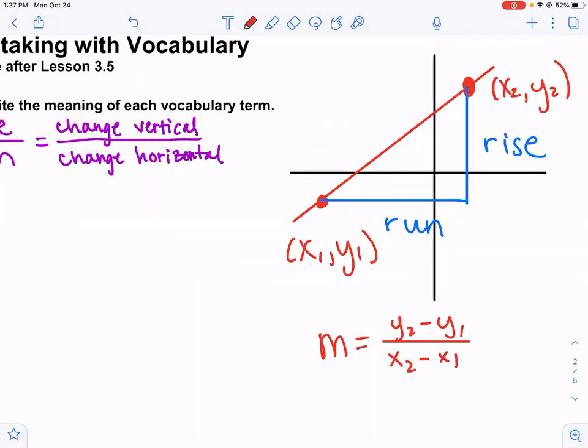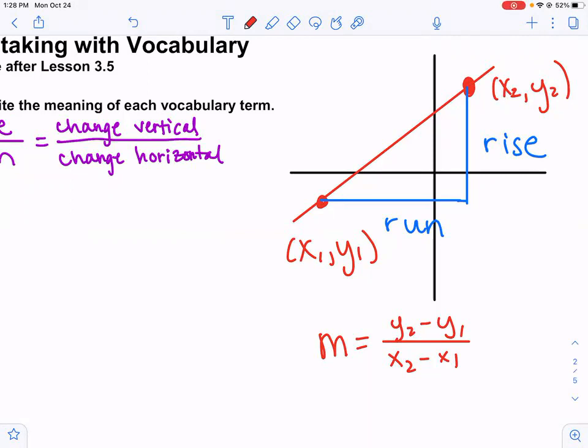Okay. I have two different coordinates right here. I just named this coordinate 1 and I named this coordinate 2. The reason I did that is because, do you see how both the x and y from the 2 are together?